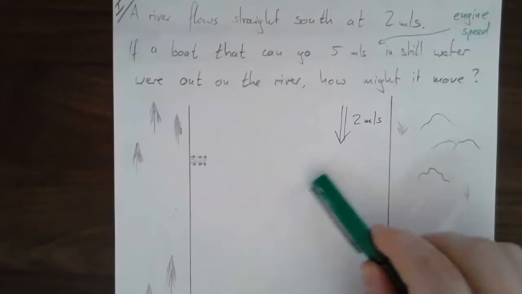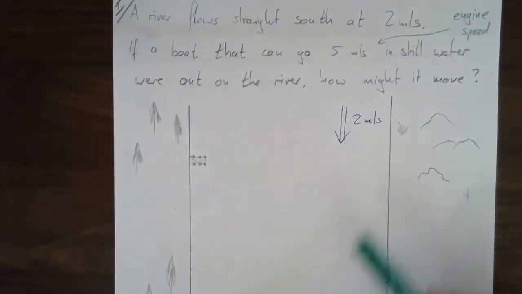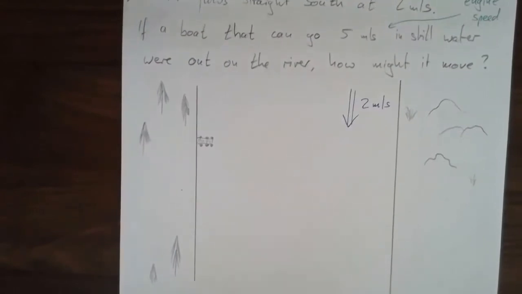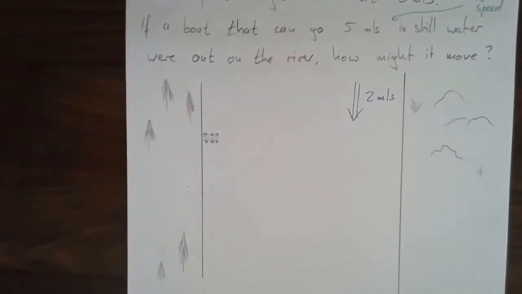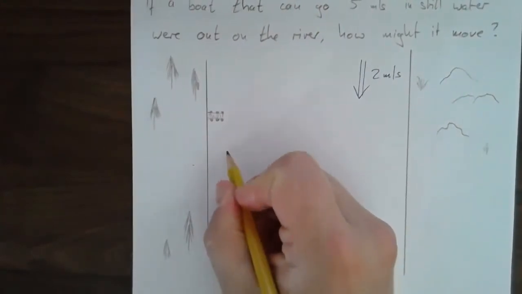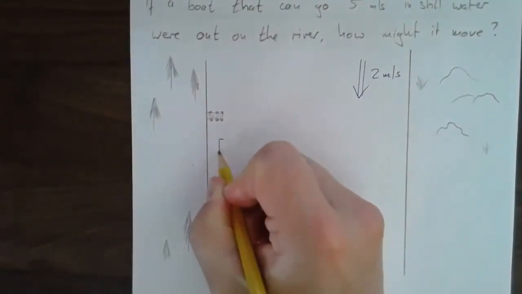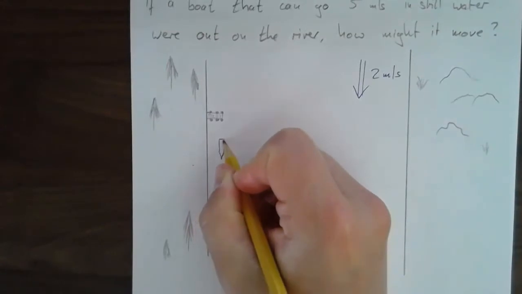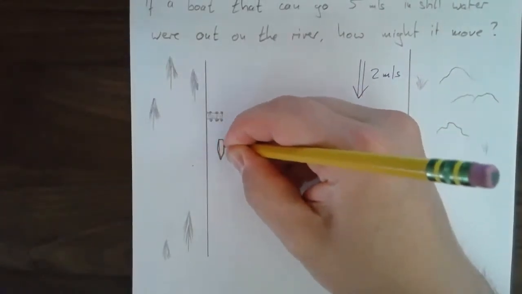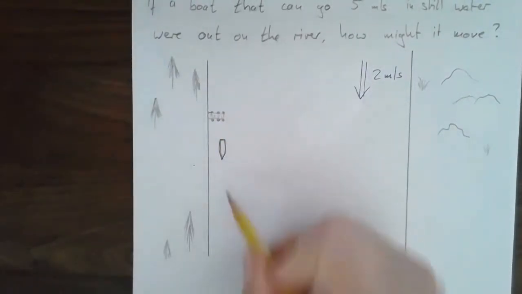Now in the river, of course, the situation is different, because the water as a whole is flowing south. So how might the boat move? Let's draw a boat in different places. Let's say my boat is right here. If the boat decided to head straight south, I'm going to draw it a bit like a space rocket so you can see where the front of the boat is. The front's pointing south right now.